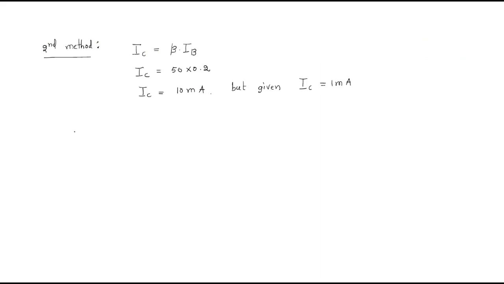This is also the same. Whenever the calculated current value, 10 milliamperes, is greater than the nominal collector current value, then the BJT is operated in the saturation region.